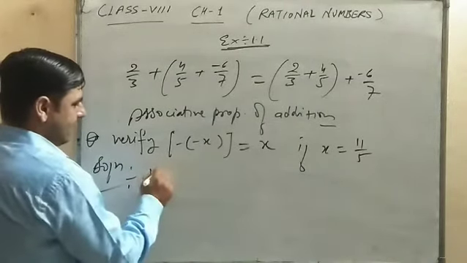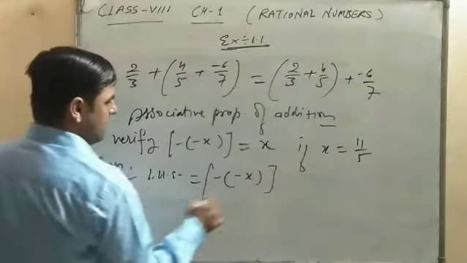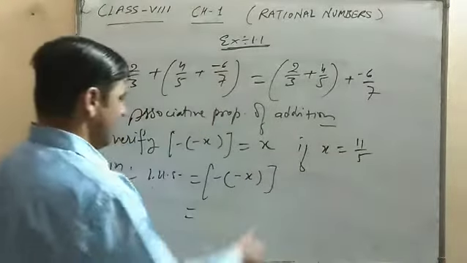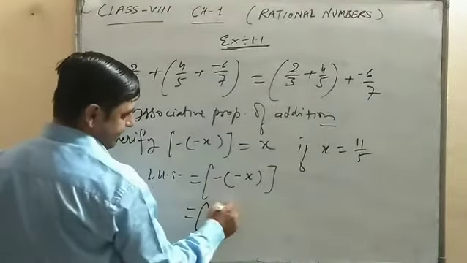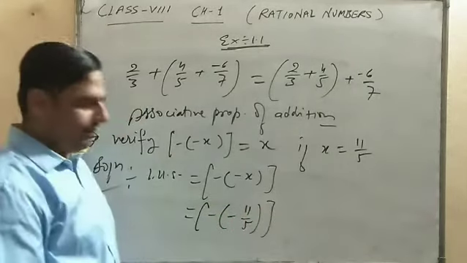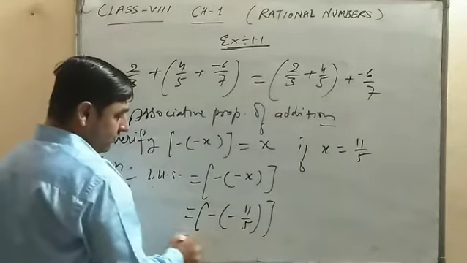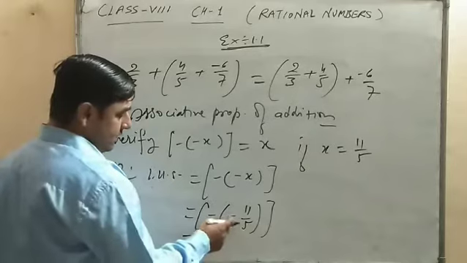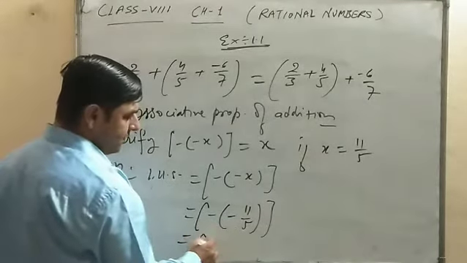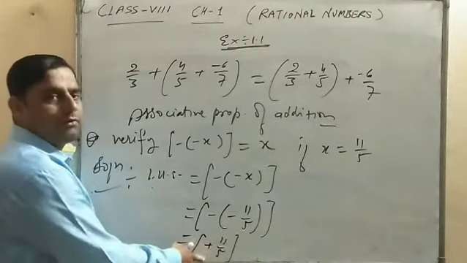We will take the left hand side, in which we will apply the value of x. So what is the value of x? Here it is written 11 upon 5. Now we will solve the small brackets first. If you solve the small brackets, you will get the result in positive form, positive 11 upon 5.